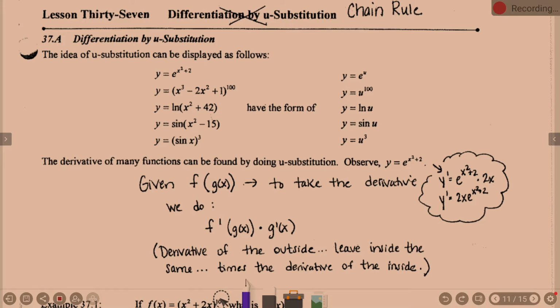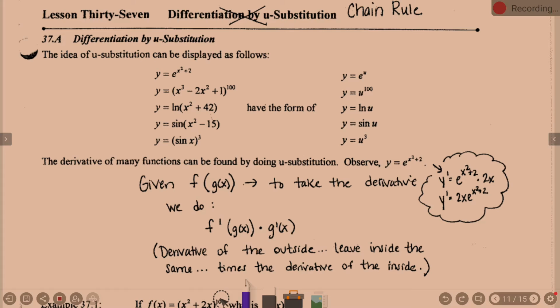And then this is a different one, sine x raised to the third. So the overall thing there is, okay, what is the derivative of something raised to the third? But then we're also going to have to talk about, okay, what's the derivative of sine x? So kind of two things going on at once here. So the derivatives of many functions can be found doing u-substitution, okay?